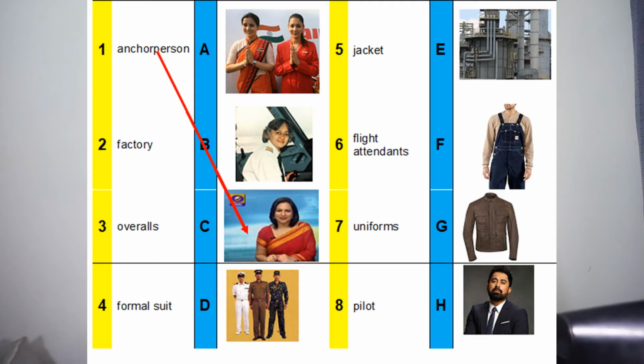Now we have just one word, anchor person, no anchorman or anchor woman. And look at the photographs. Obviously, number C is the anchor woman. So the lady is sitting in a television studio. So let's map 1 to C. That'll be 1C. Now work out the rest.